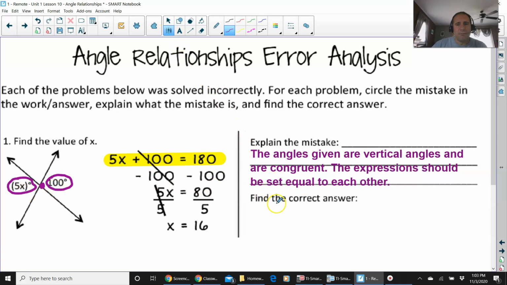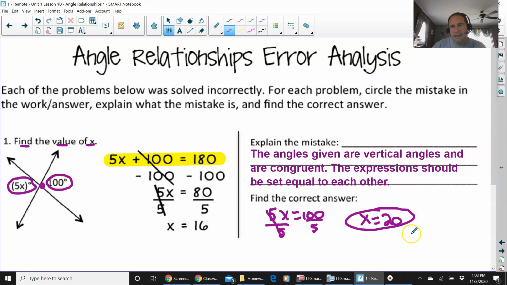So it's 5x equals 100. Easy enough. Divide by 5, divide by 5. They only solved for x, so x equals 20 is it. If you wanted to solve for the angle measure, you would substitute in, but they are just saying find the value of x, and we corrected it.